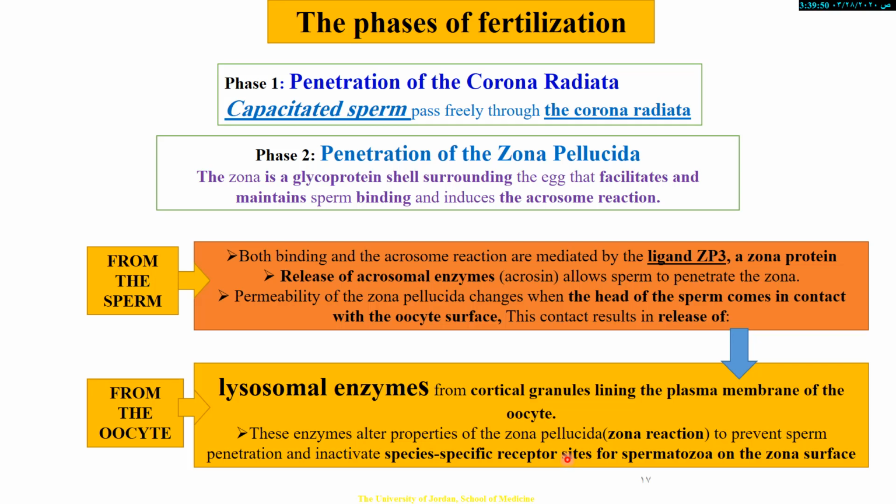Once the needed sperm has reached the plasma membrane of the oocyte, the oocyte releases lysosomes from its cortical granules that go back to the zona pellucida and tell it to shut the doors in front of any coming sperm. That means the zona pellucida facilitated the entrance of one sperm and prevented polyspermia.